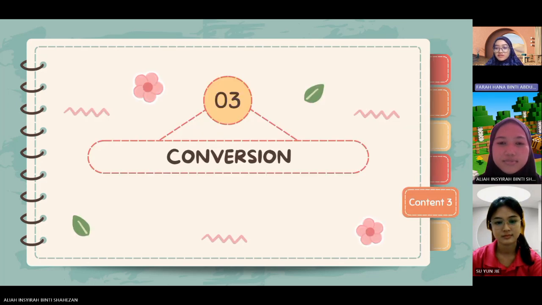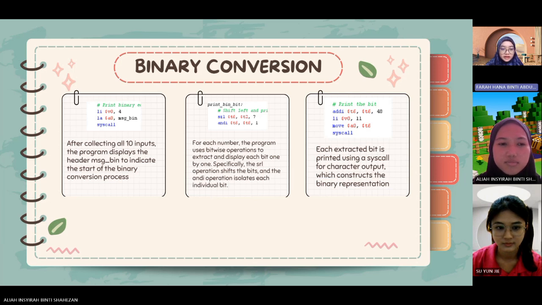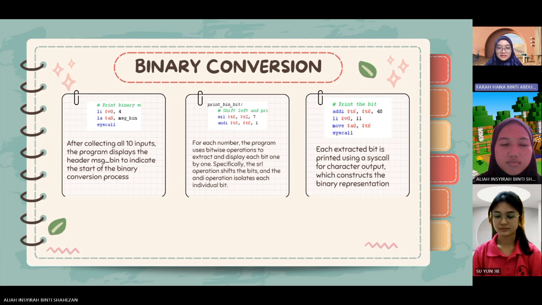So this is the part for the conversion. First things first, to print in binary, you can see the code there. After collecting all 10 inputs, the program displays the header message binary to indicate the start of the binary conversion process. For each number, the program uses bitwise operations to extract and display each bit one by one.